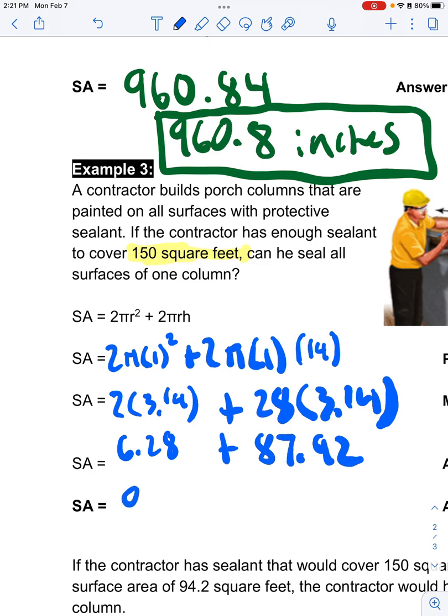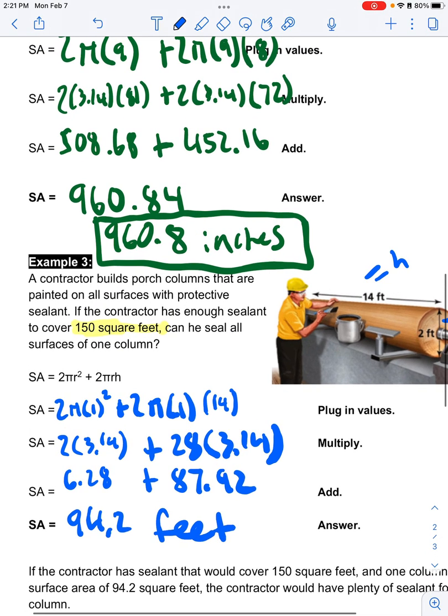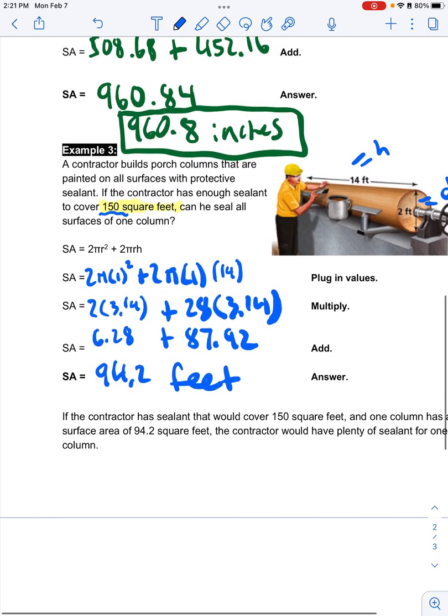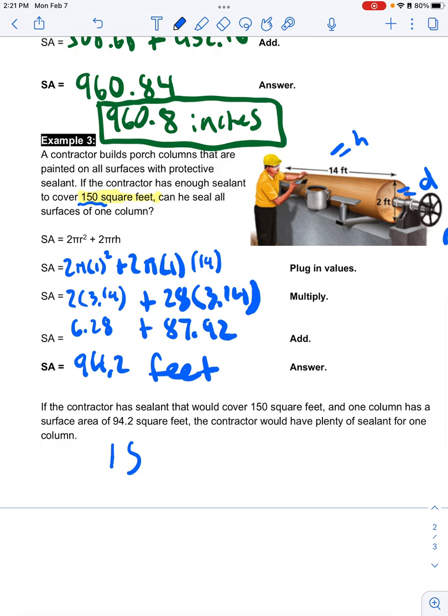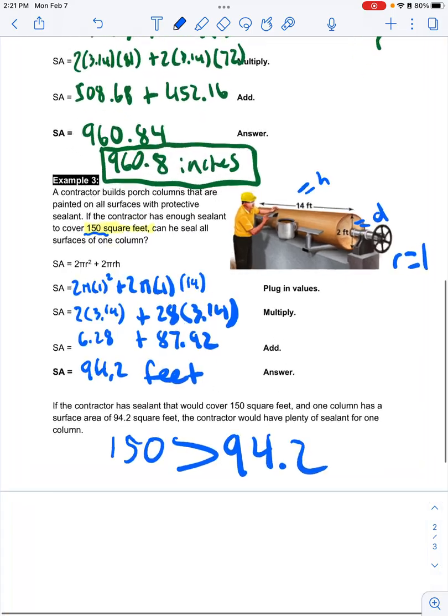And when I add all these together, I get 94.2, that would be square feet. So if the original question says he's got enough for 150, I would say that he definitely has enough to finish the job because 150 is bigger than 94.2. So yes, he has enough to paint the column with the protective sealant.